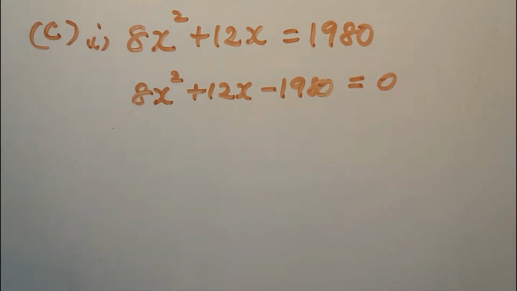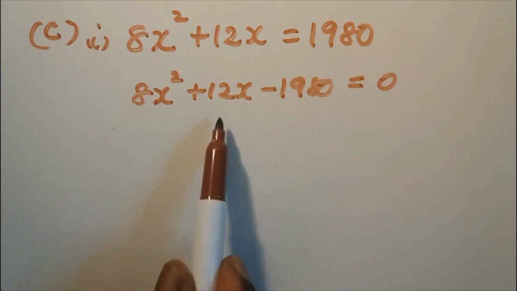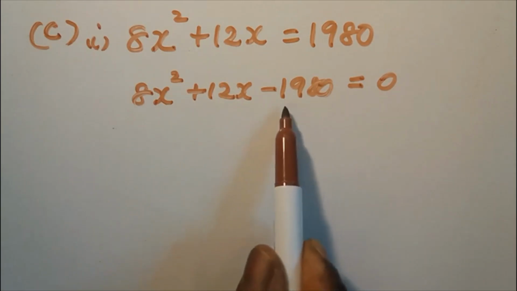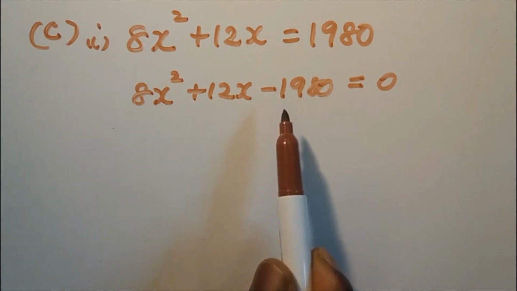We can see that if we divide 8x squared by 4, we'll get 2x squared. And if we continue, this will be 3x, and 1980 divided by 4 will give us 495.